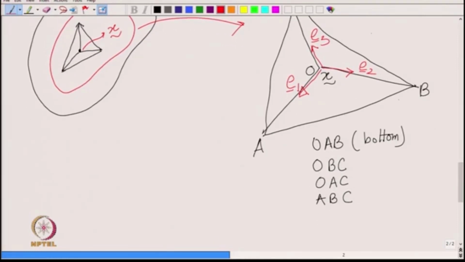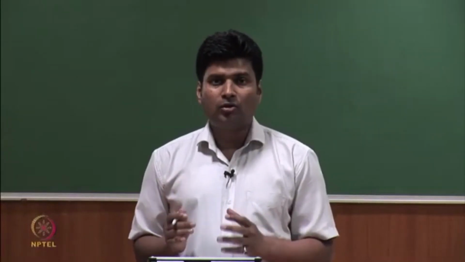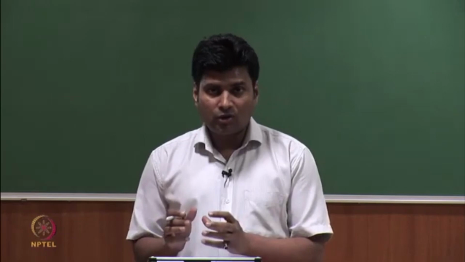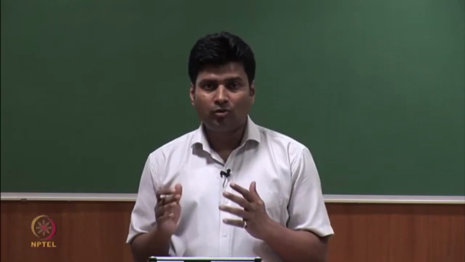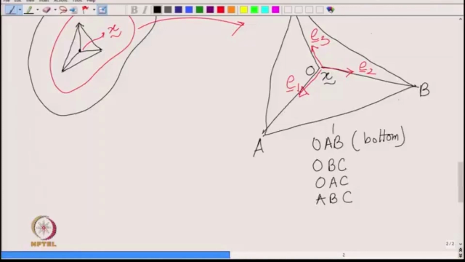So, the plane OAB, what is the normal to plane OAB? It is minus E3, we have to always look at the outward normal. Okay. So, this is the tetrahedron and I want to look at the outward normal of all the 4 planes. So, OAB has got minus E3, right.